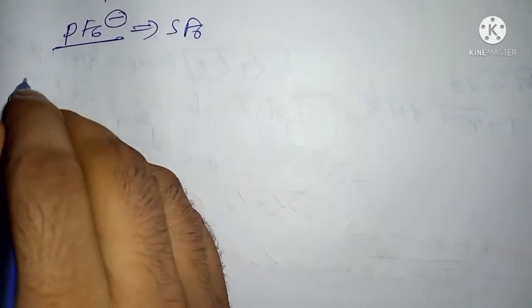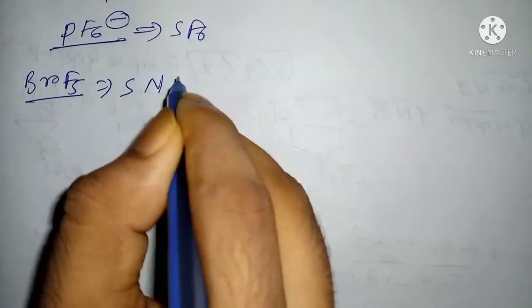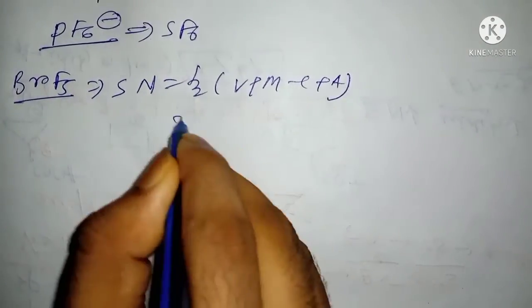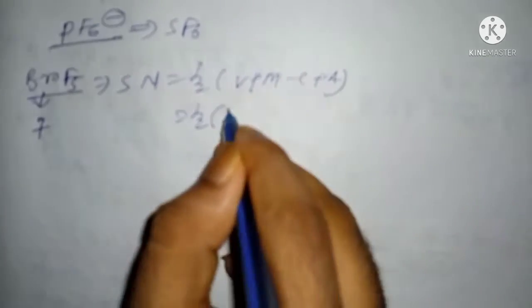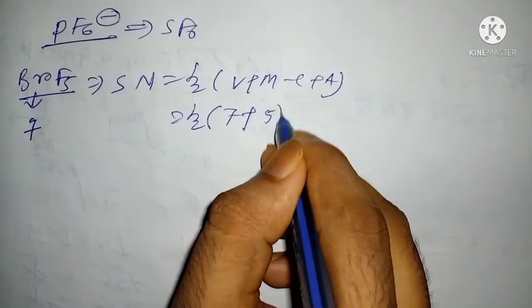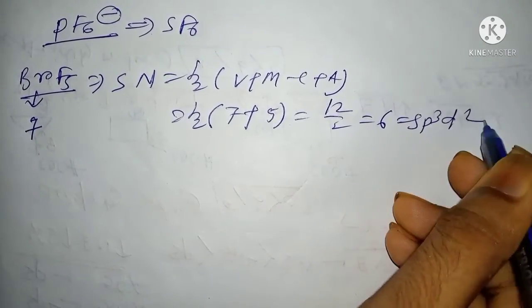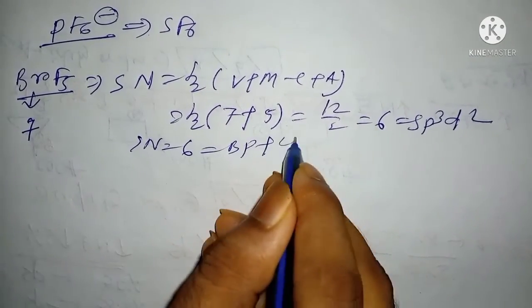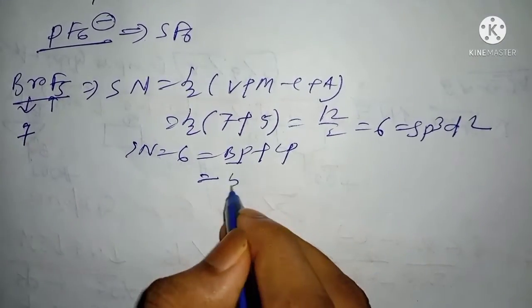Now another example, BrF5. First calculate steric number equal to half into V plus M minus C plus A equal to half into, this is bromine valence electron, this is 7. So 7 plus monovalent atoms 5. So this is 12 by 2 equal to 6. 6 means sp3d2 hybridization. Now steric number equal to 6 equal to bond pair plus lone pair. Now bond pair equal to side atoms equal to 5, plus 1 equal to 6.